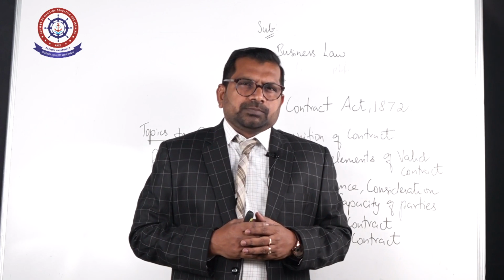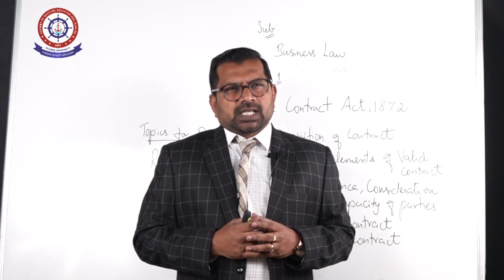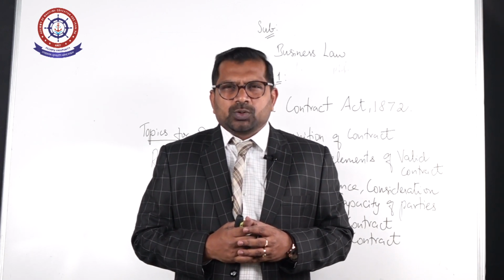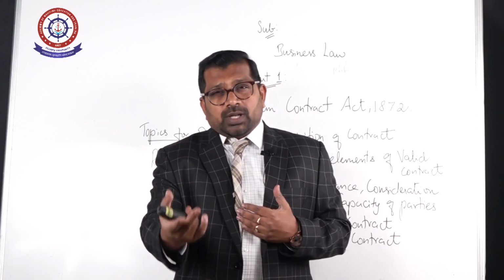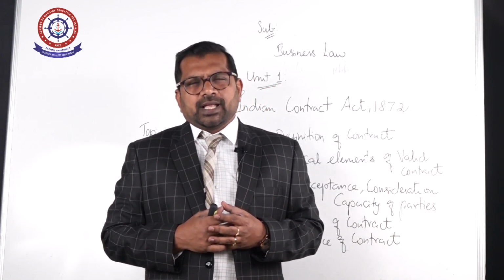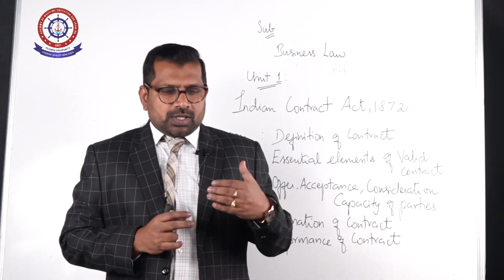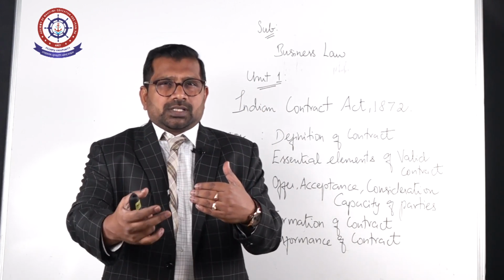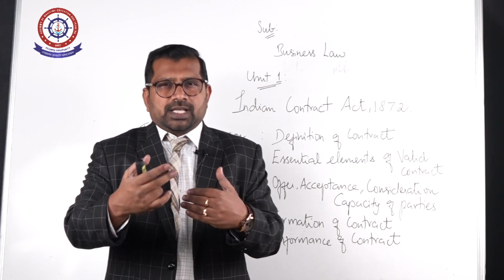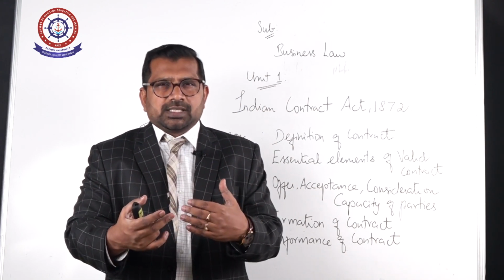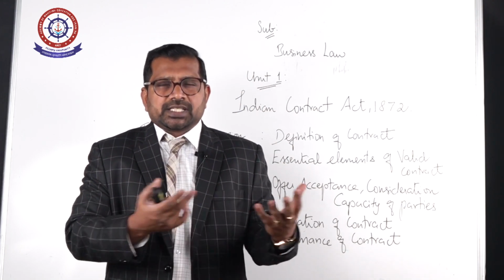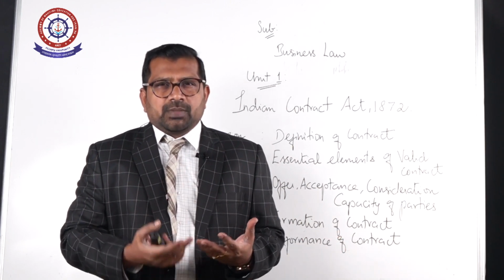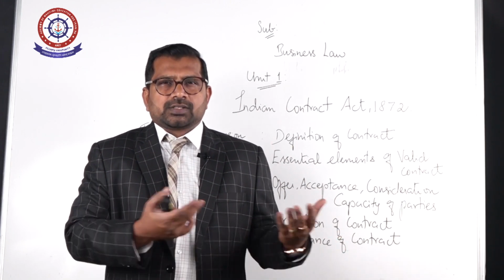For example, X offers to sell his car for rupees 5 lakh to Y. Y also agrees to buy, then it is called a valid contract. The person making the offer is the offeror, the person accepting is the acceptor, and if both parties fulfill the essentials of a valid agreement, it is called a valid contract.